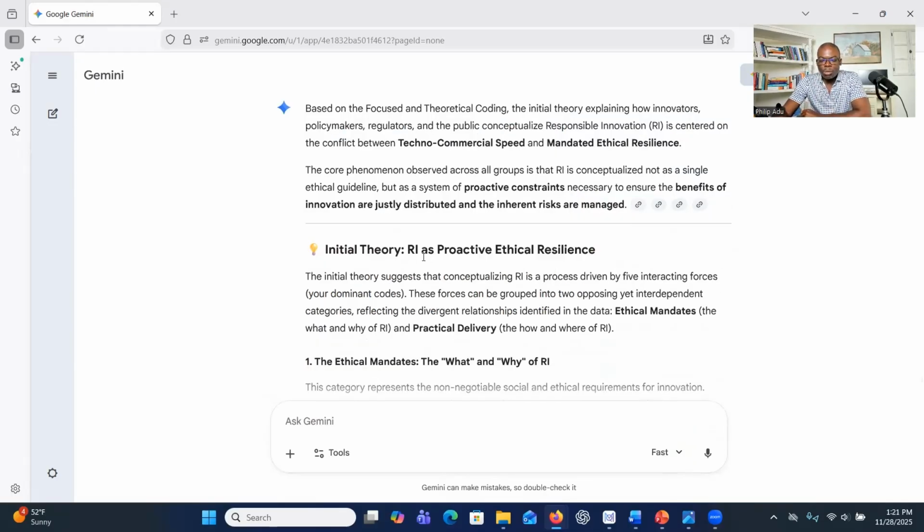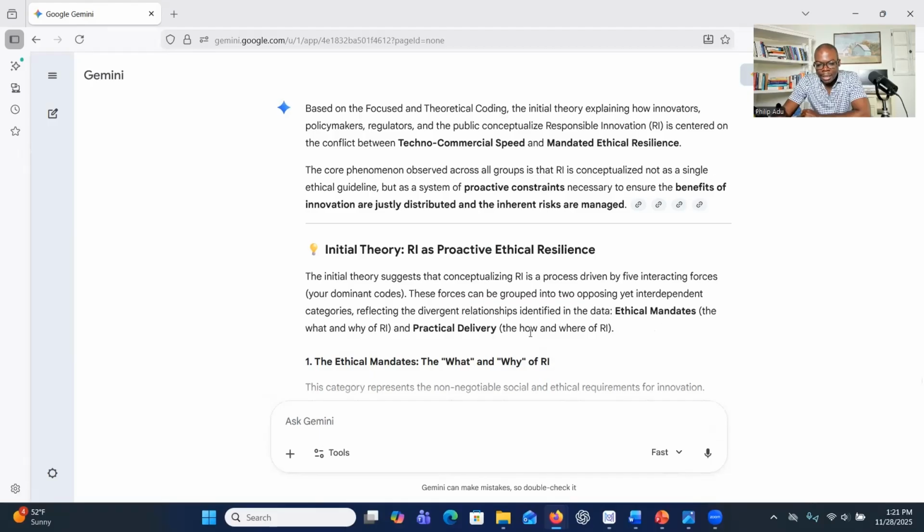So there is responsible innovation as a proactive ethical resilience. The initial theory suggests that conceptualizing responsible innovation is a process driven by five interacting forces, right? These forces can be grouped into two opposing yet interdependent categories, reflecting the divergent relationship identified in the data.